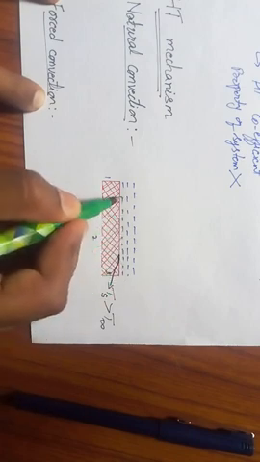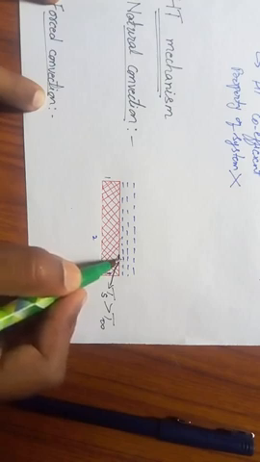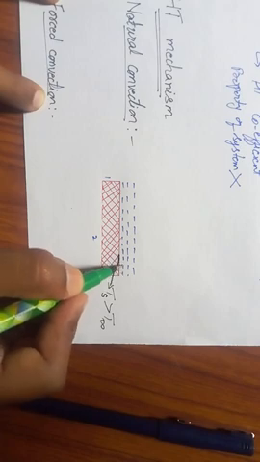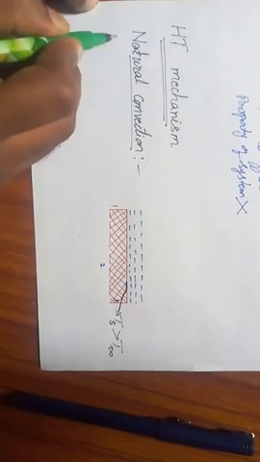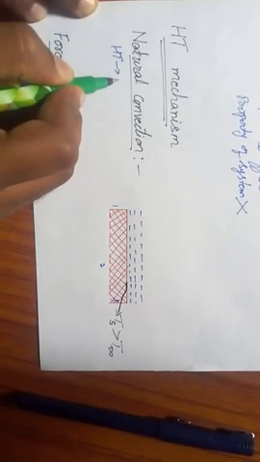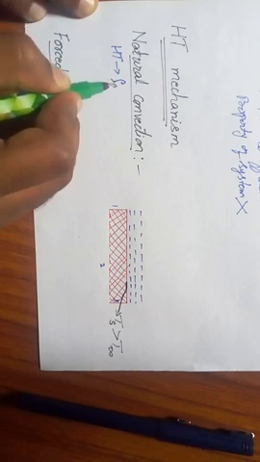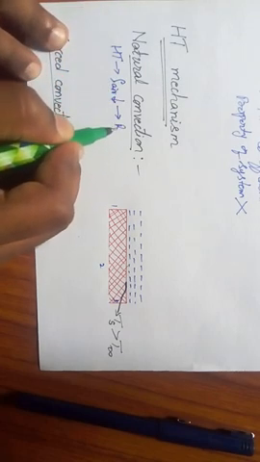The layer which is in contact with this hot surface will receive the heat. As soon as the heat is received, the density of this first layer will be reduced. By the transfer of heat to the air, the density of air is reduced, as a result of which it rises up.